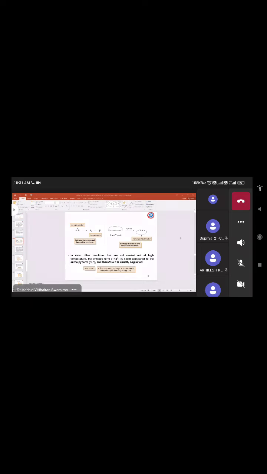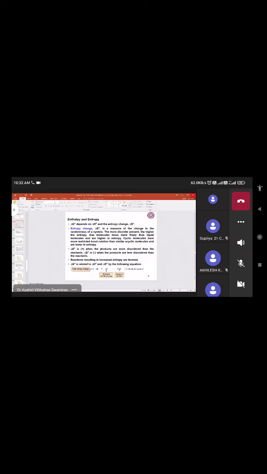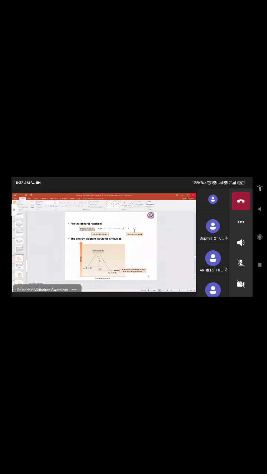At the point of threshold in the transition state, if your transition state is like this, you can see here, can you see? Yes, sir. Okay, at the transition state or threshold point, your energy will be high as compared to your AB, the starting material, and your final product.